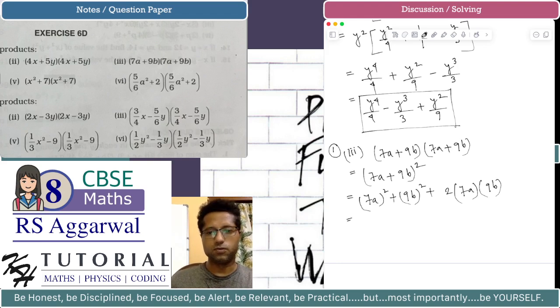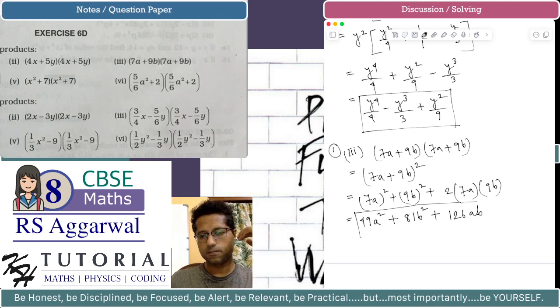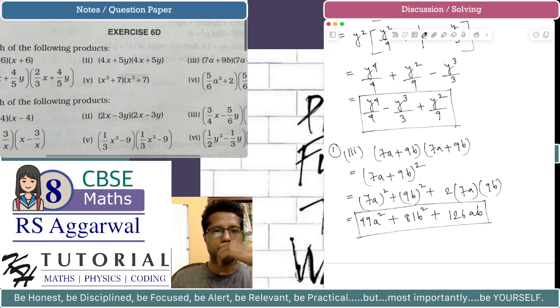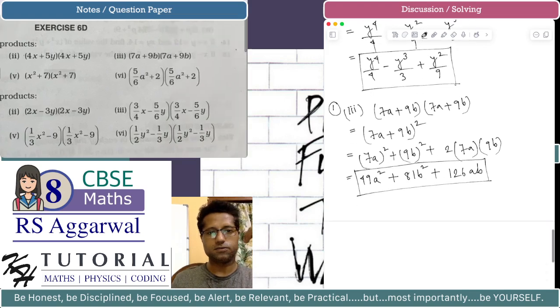So this is equal to 7a square is 49a square, 9b square is 81b square, plus 2 into 7a into 9b, which is 126ab.